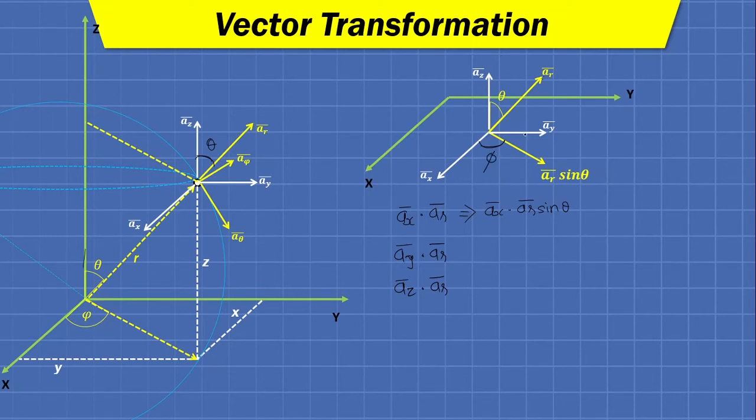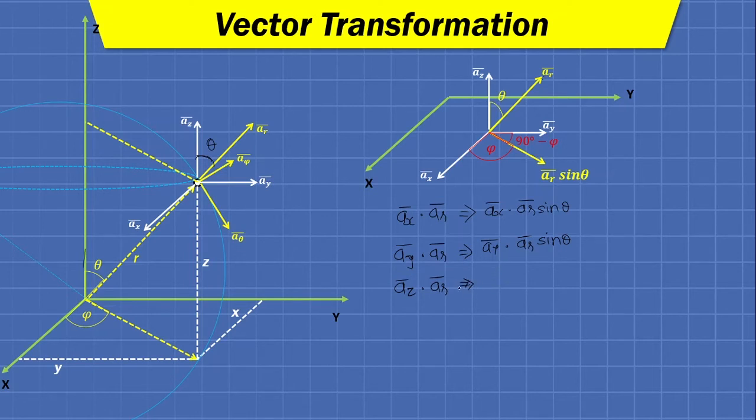So this angle is written as phi, and this angle will be 90 minus phi, because the angle between x and y is 90 degrees. Here we will calculate ay bar dot ar sine theta. Here we need not take any projection on xy plane, because we know the angle between az and ar is theta.